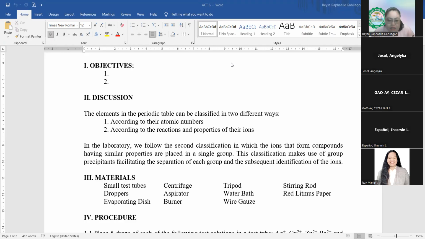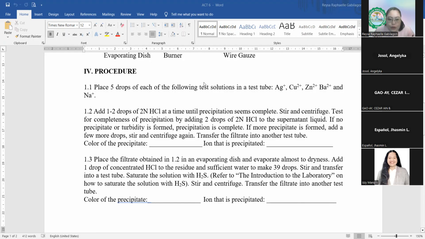Okay, their properties as a whole. This is what you did in the laboratory. We used 5 ions there: silver, copper, zinc, barium, and sodium.